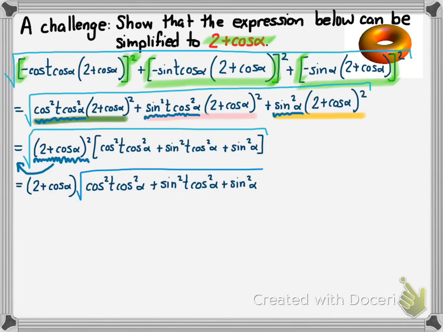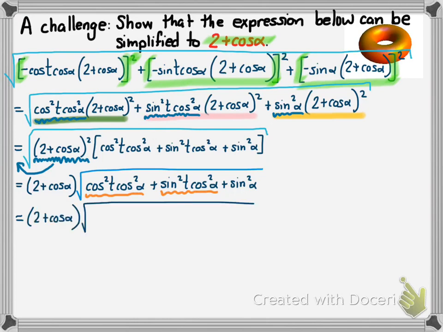Looking at these pieces, one thing that I notice is that I have a bunch of cosine squareds, sine squareds, some have alphas, some have t's. But if I look carefully at the first term and the second term, what I see is that they have a common factor of cosine squared alpha. And so I'm going to factor out that cosine squared alpha. Alright, so we've got to write a few things down.